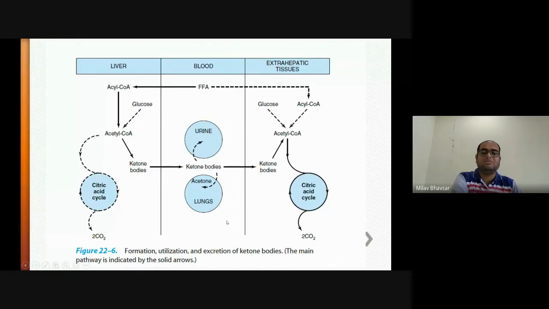Remember this, ketone bodies are generated inside the liver. So your energy deprivation is here in the extrahepatic tissues, not in the liver hepatic tissue. So transportation and utilization becomes necessary here.